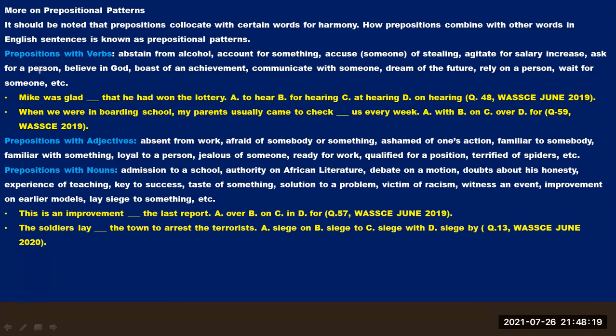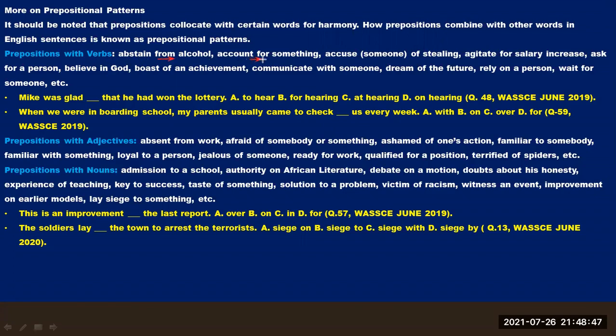And so we say that those verbs are the collocates of those prepositions, or that those prepositions are the collocates of the verbs. For example, abstain from alcohol. You can see that abstain collocates with from, abstain from.